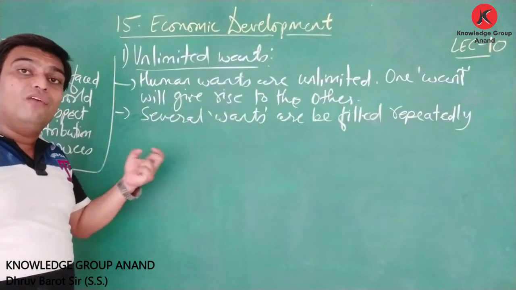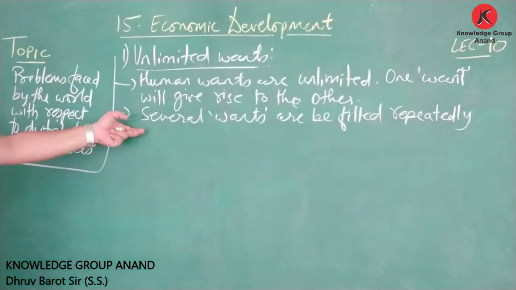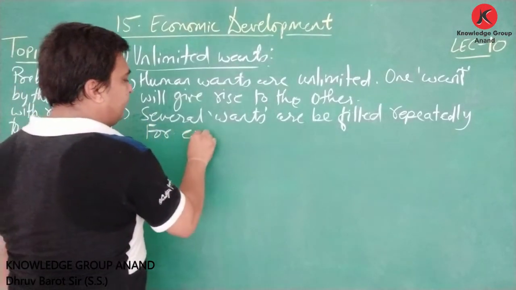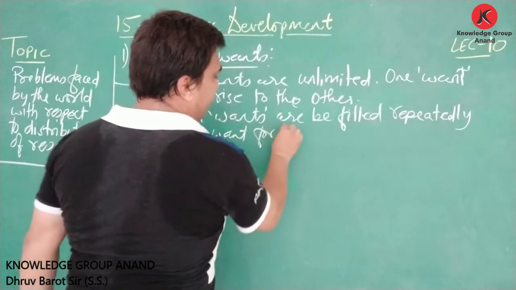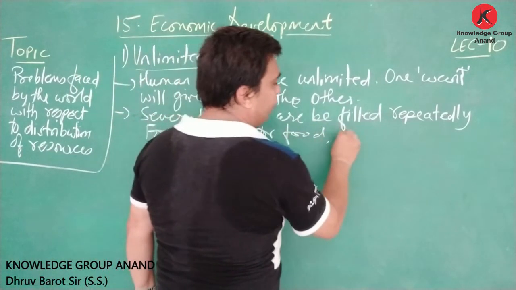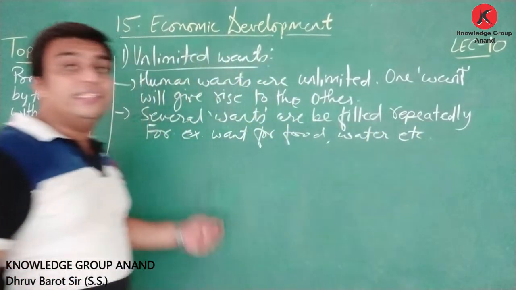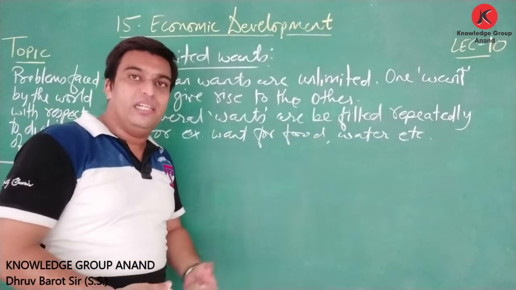For example, our want for food, water, clothes, etc. These are the wants that are to be filled repeatedly.